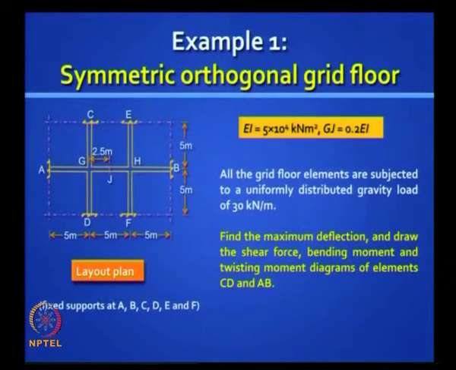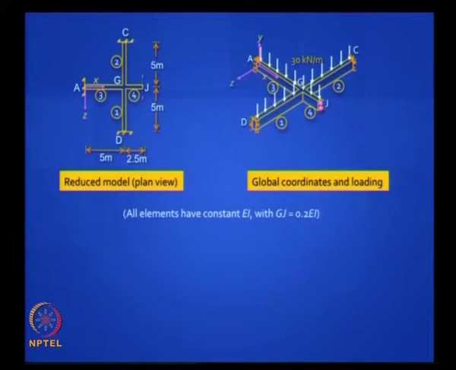So if you isolate the element CD, you will have to apply a torque at G, which comes from this integral connection. Is it clear? So you must first visualize the physics of the problem. You can cut the beam at J. What is the boundary condition you will put there? You will put a guided roller, because it can deflect but the slope is 0, so you can fix it against rotation, and there is no twist there because it is a point of symmetry.